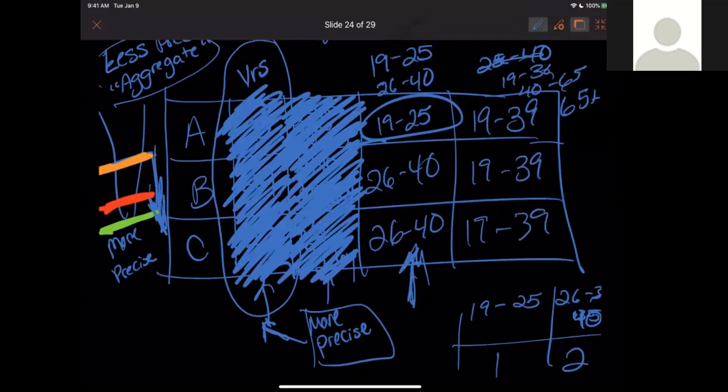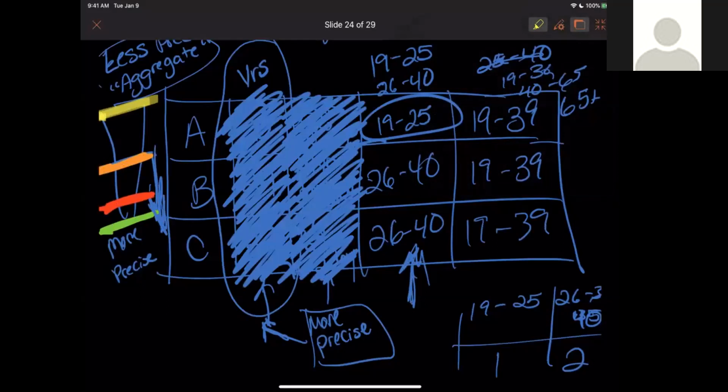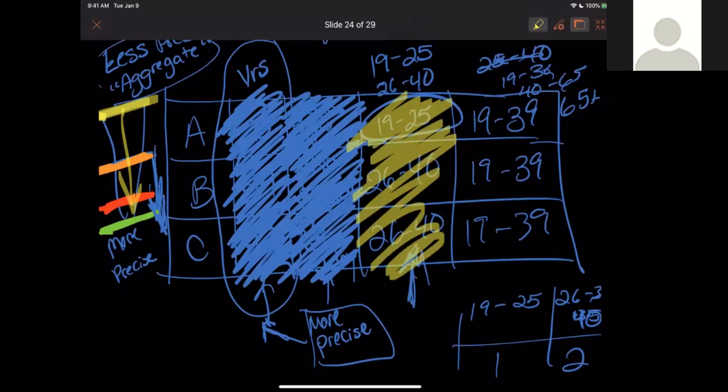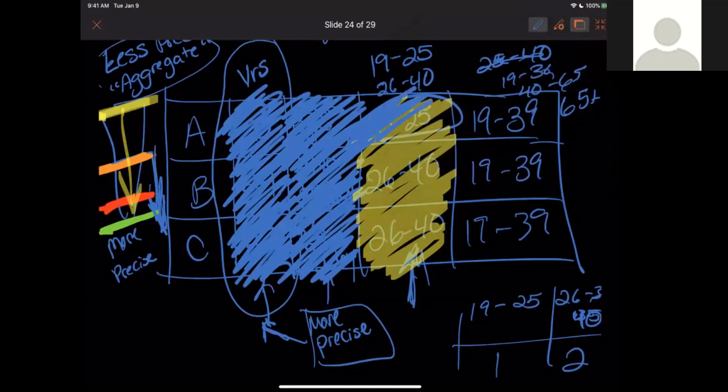Well, we know everybody's in that tier, and now we've aggregated up to this high yellow level. And we can never work our way back down again, because all we know is that somebody's 19 to 39, and we don't know more. We even got rid of this specificity and precision, and therefore now all we know is this. So you can see as you lose these different blocks, you become less and less precise.